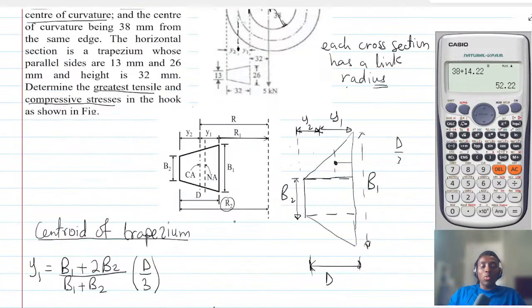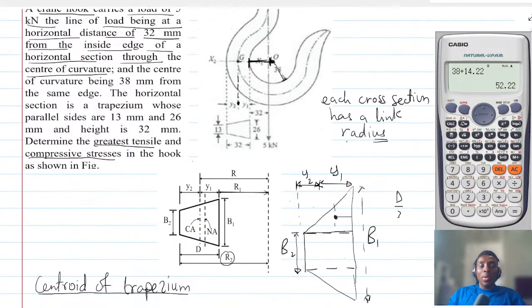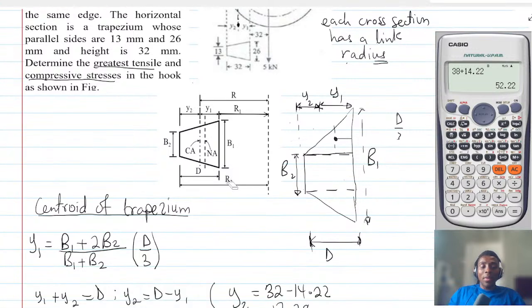But what is r2? r2 is the radius of the outer edge. So that is to say, we are going to add 38 plus 32. Let me show you. When you go back to the diagram, r2 is nothing but d and then r1.